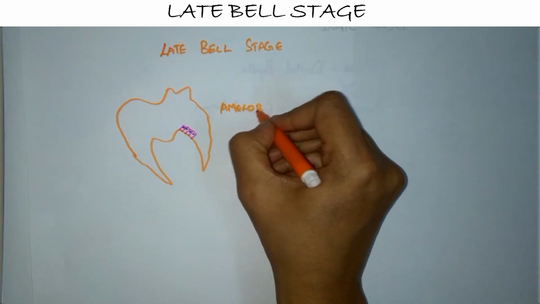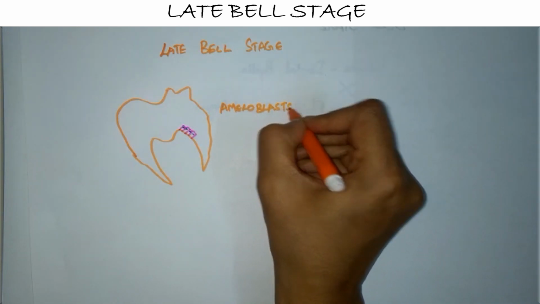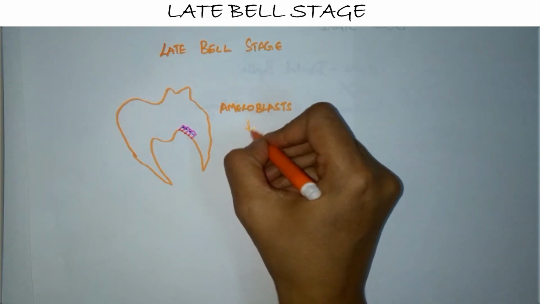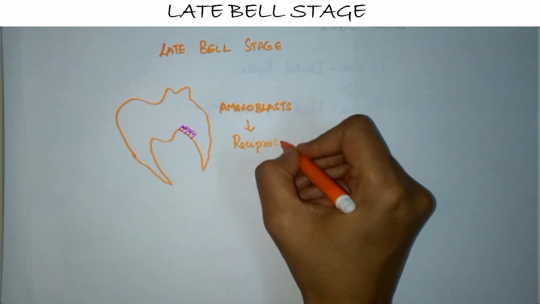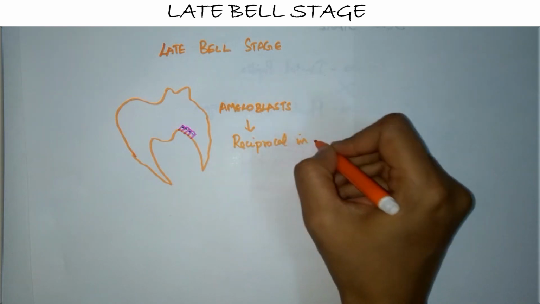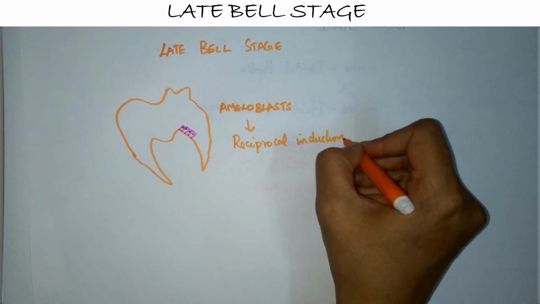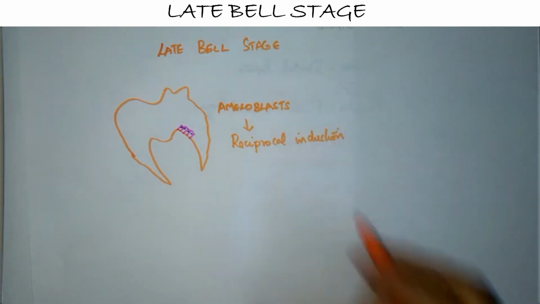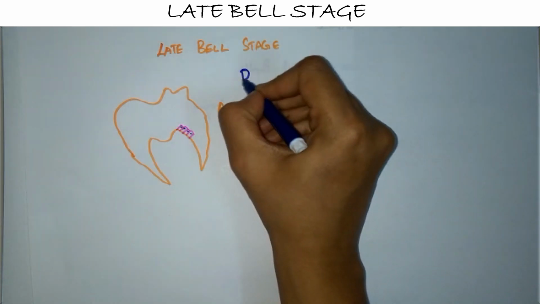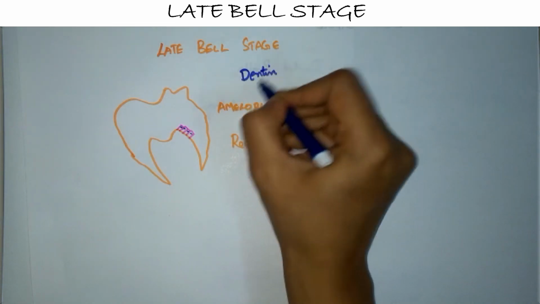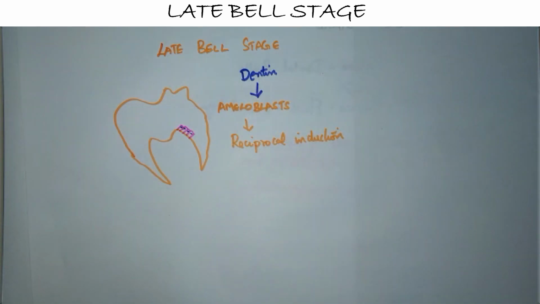But for them to differentiate into ameloblasts, they need reciprocal induction. Both are going to induce each other. So they need the presence of dentin. Only when dentin is present will these inner enamel epithelial cells differentiate into ameloblasts.